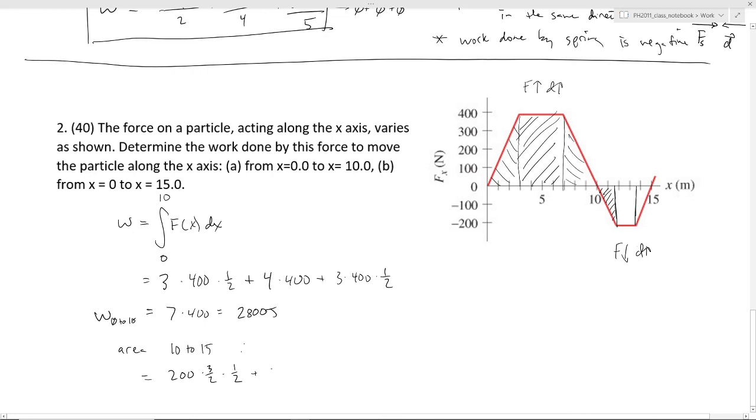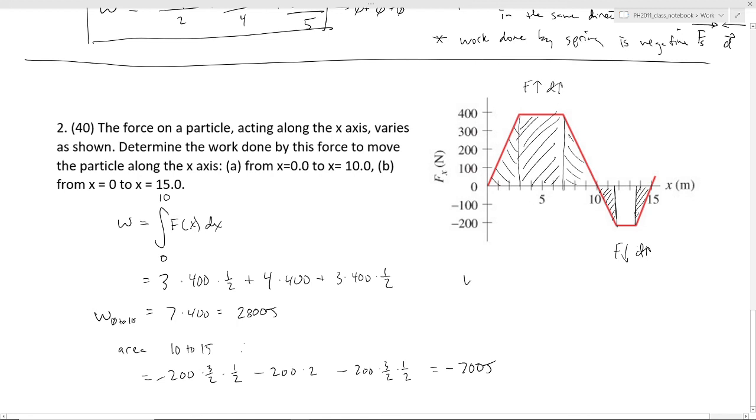And then we would add to that something that looks like about 200 times 2, plus another triangle here, which would have that same area. Oh, and I should say, talking about this negative sign, really these pieces are all negative. So when we add that up, this is basically negative 200 times 2 plus negative 200 times 3/2. This would add up to about negative 700 joules.